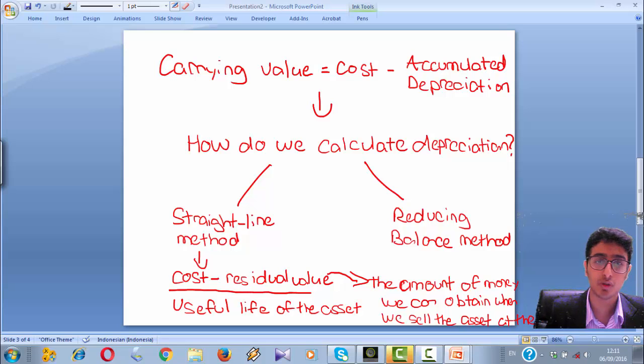This is what we call residual value. Useful life of the asset is simply how long we can use the asset for. Okay, now this is how we calculate straight line method.